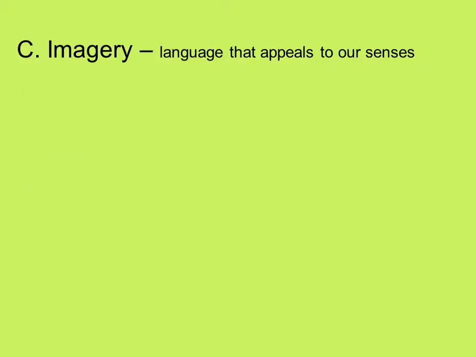Our third thread is imagery. This is language that appeals to our senses. And we've got 5 of those, or maybe 6 if you can see dead people. But imagery has a specific term for each of the senses that it appeals to.